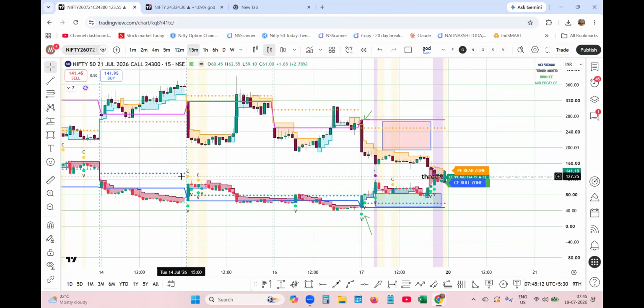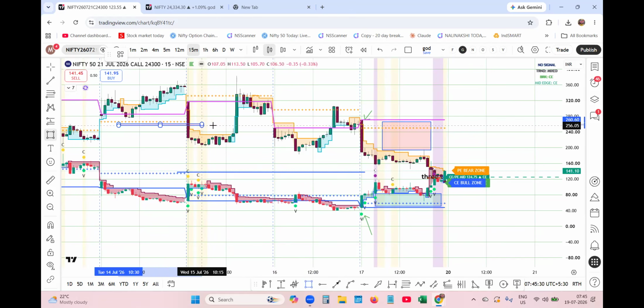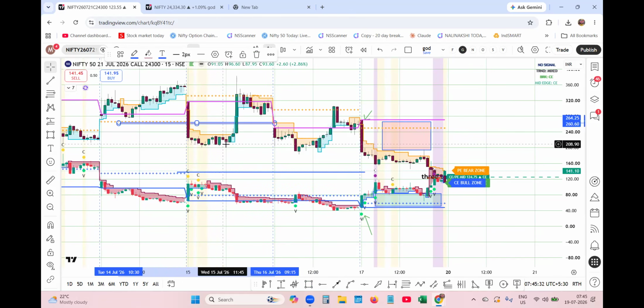And notice here, this is the pivot line of the call option. The call option is below the pivot line. There is no question. And even here also, this is the pivot line of the put option. Both of them had been sold and they started diverging.